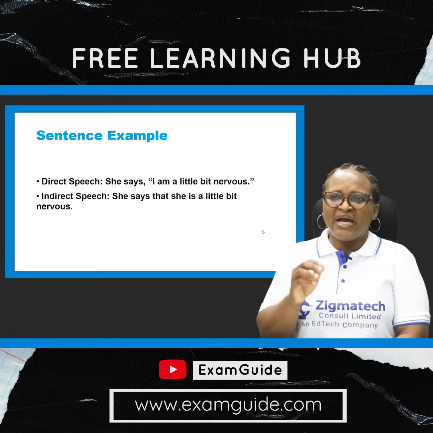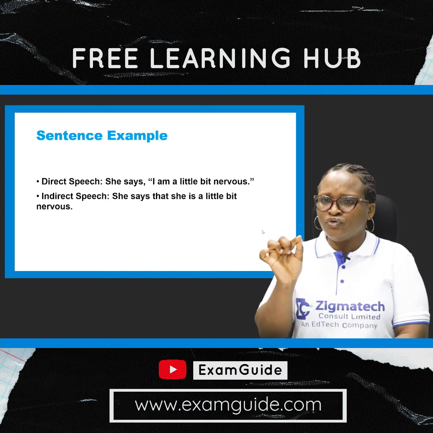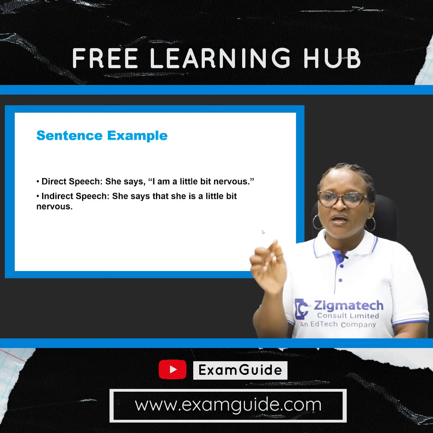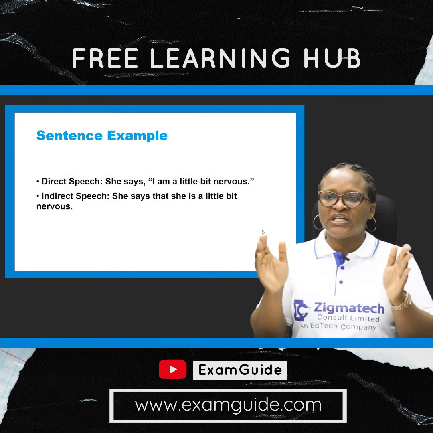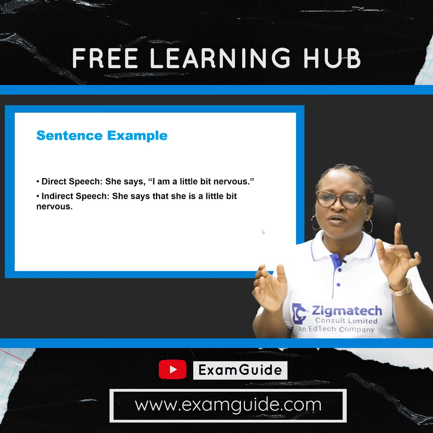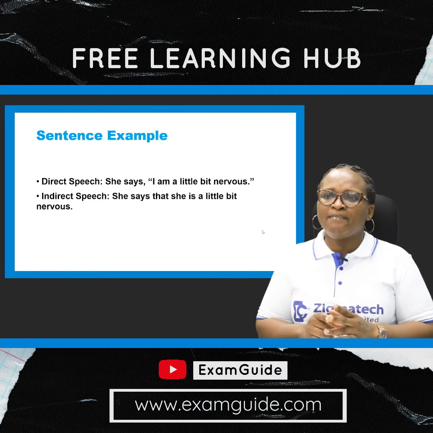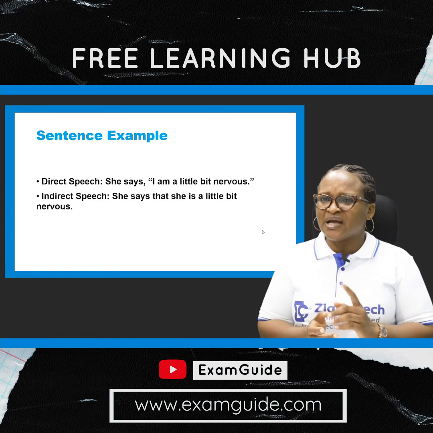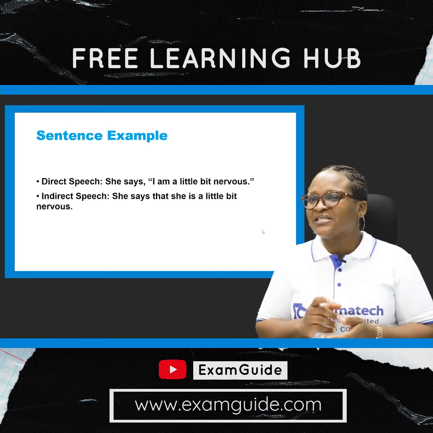So have it at the back of your mind that even in your writings, whenever you point out she says, or he says, or they say, there should be a comma. Then immediately after the comma is your quotation mark. That's the open quotation. Once you have your open quotation, the first letter must start with a capital letter, and that is I am a bit nervous.